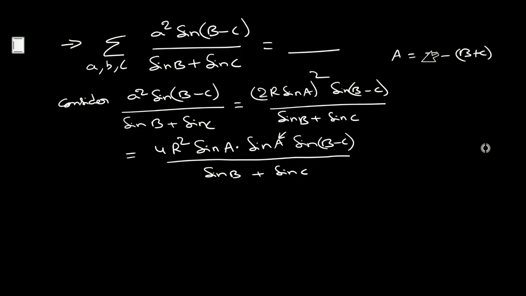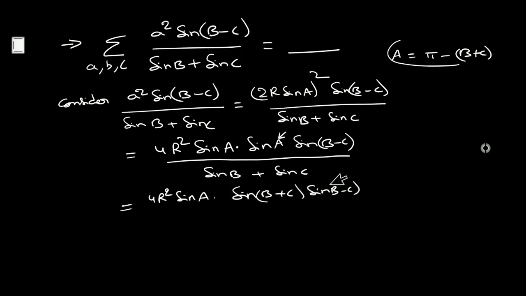So sin a means sin(180 minus (b plus c)), which is sin(b plus c). We can write this as 4r square sin a into sin(b plus c) into sin(b minus c). You have to observe that in place of this I have written this divided by (sin b plus sin c).